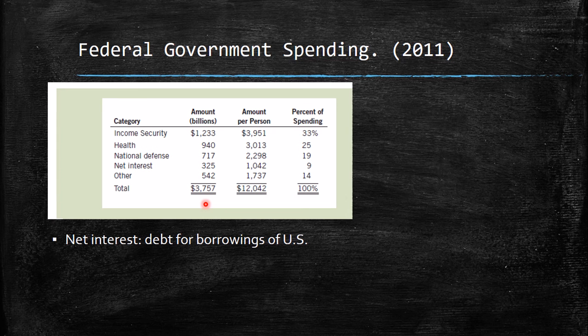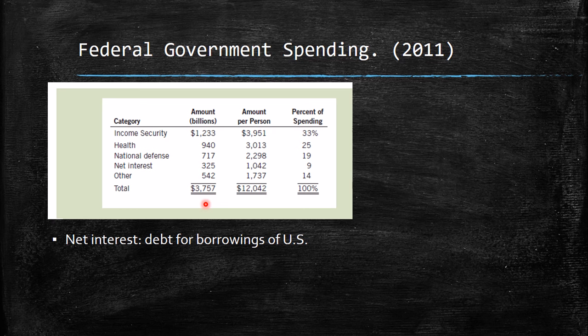If you have this fiscal hole, you need to finance it in some way. Basically, what you do is issue debt. When you issue debt, you take on a commitment: you need to pay interest to the person who lent you money.